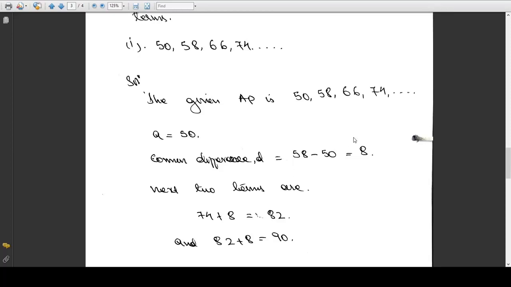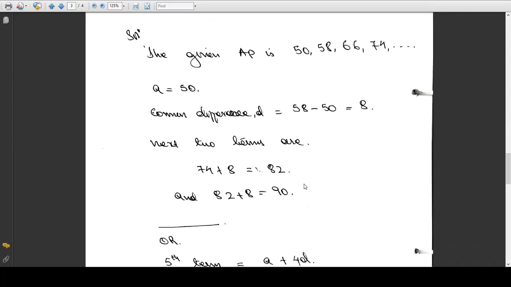We'll use a formula for finding the terms if the number of terms is more. But for the first few terms, you can easily add the common difference to the last term to get the next term. 74 plus 8 is 82, then 82 plus 8 is 90.